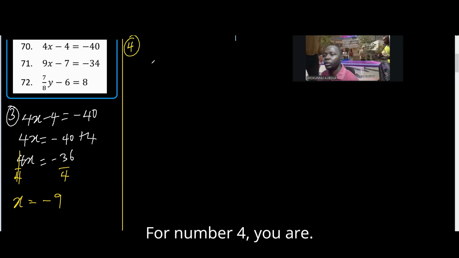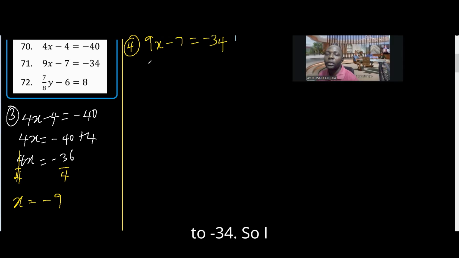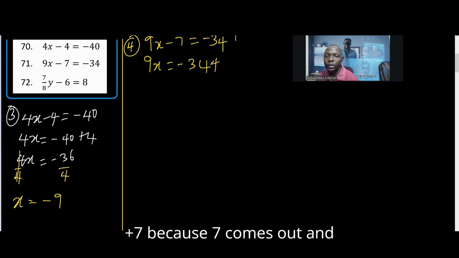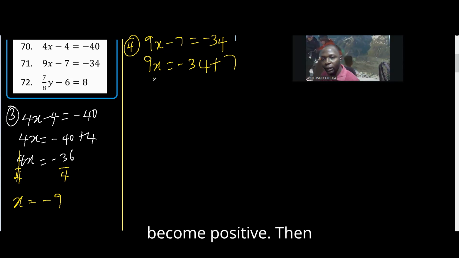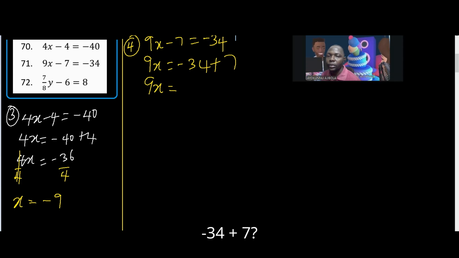For number 4, you have 9x minus 7 equals minus 34. So I have 9x equals negative 34 and positive 7, because 7 comes out and becomes positive. Then 9x equals, what is minus 34 plus 7?